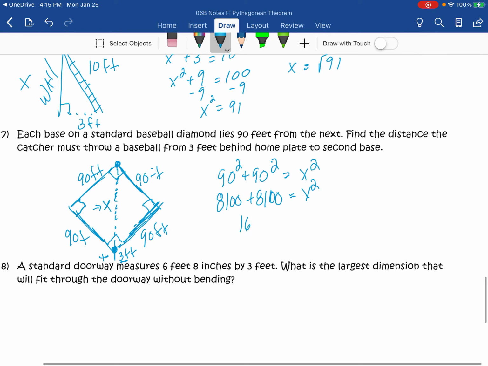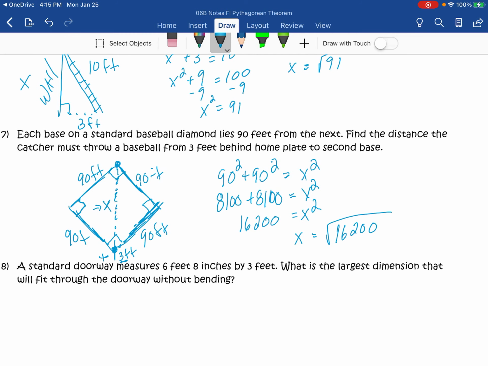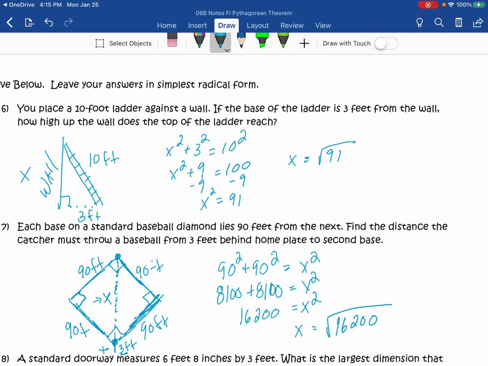Sorry, guys. 16,200 is equal to x squared. So x is going to be the square root of 16,200.